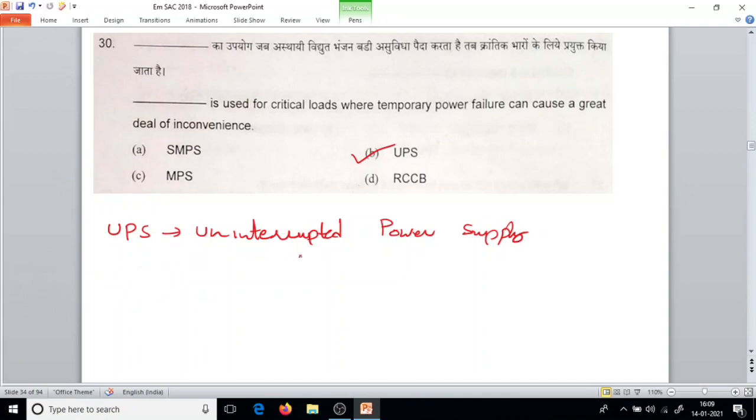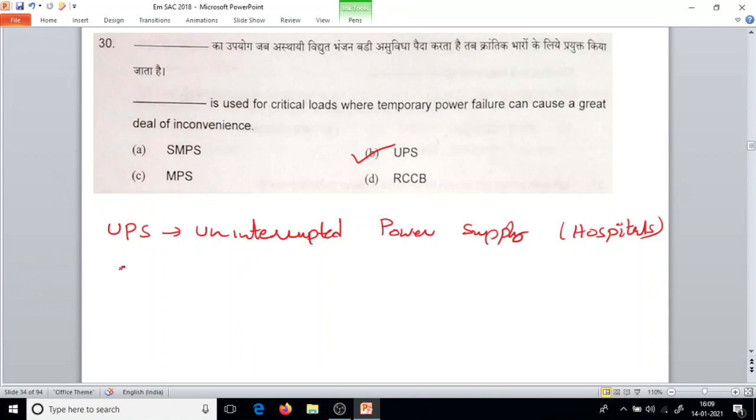What happens in hospitals? When surgery is going on, if the power goes, it is a disaster, the person could die because of the power failure. In such critical situations, we need UPS, uninterrupted power supply.